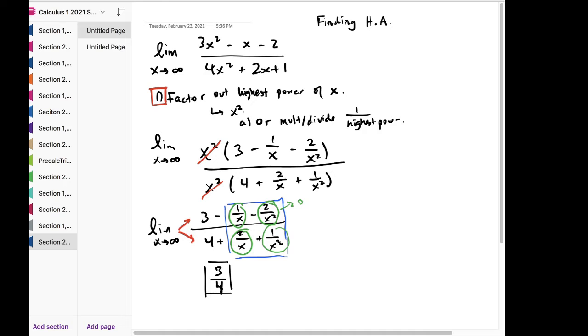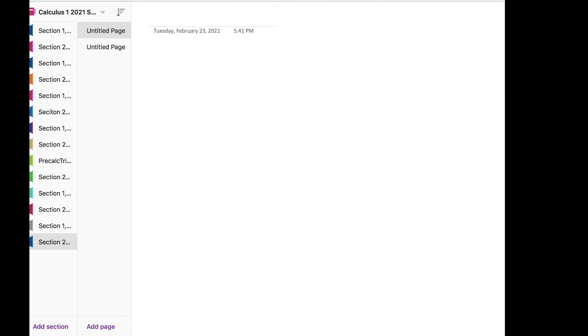I want to go over question 12. X and y intercepts. Okay, can we just have a reminder of what an x and y intercept is? Like, what does that mean?